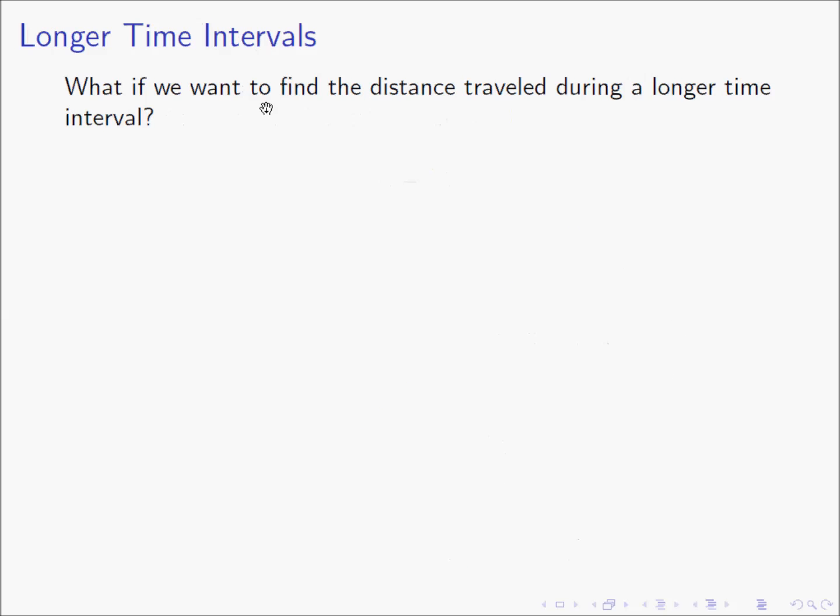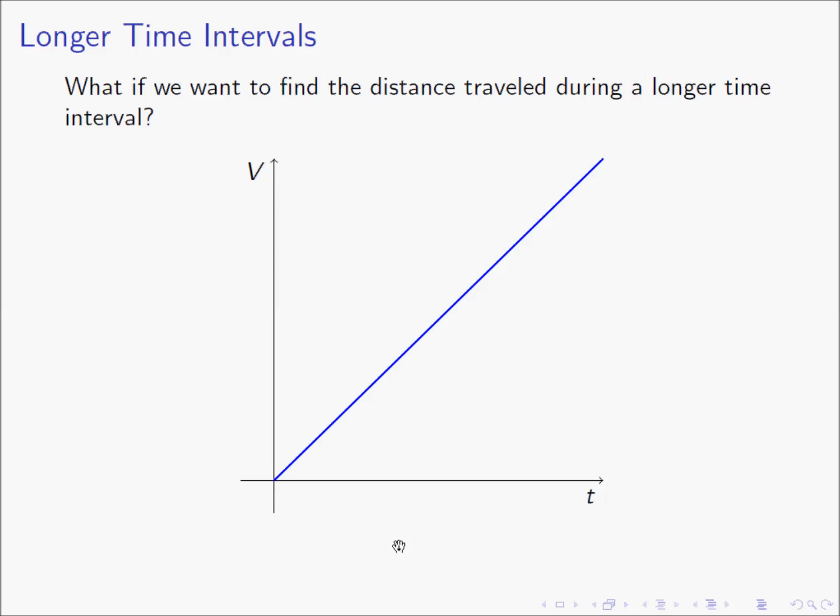Now what if we want to find the distance traveled during a longer time interval, not necessarily a very small one? Let's say that we want to find the distance traveled between time 0, that is this point, and another time t0 here. We see that the distance traveled will be the area below this curve, from 0 to t0.